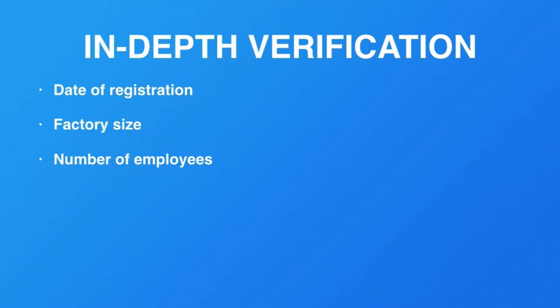So make sure that it is documented and everything is traceable. Now, for additional in-depth verification beyond the basics, you'll find out their date of registration, which tells you whether this company has been around for a long time or not. Inquire about their factory size, which lets you know the scale of the company and the number of employees.